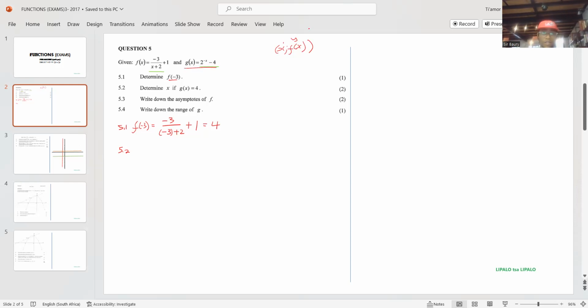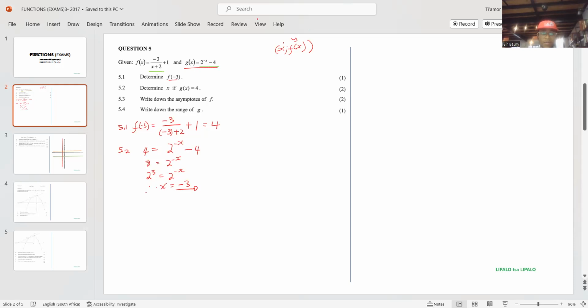I substitute 4 in the place of g of x, so I have 4 equal to 2 exponent negative x minus 4. Taking the 4 to that side, I have 8, which is equal to 2 exponent negative x. So I have 2 exponent 3, from the laws of exponents.